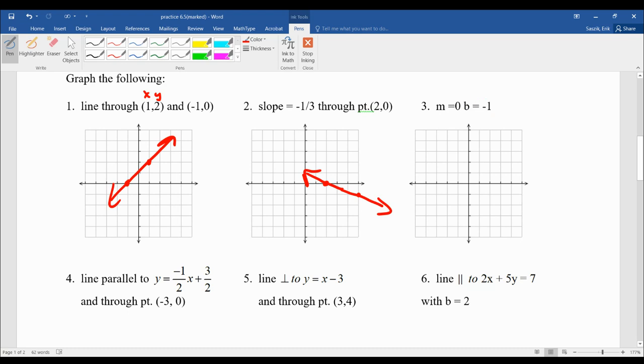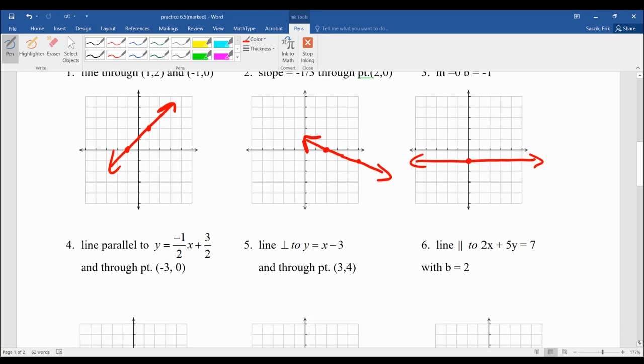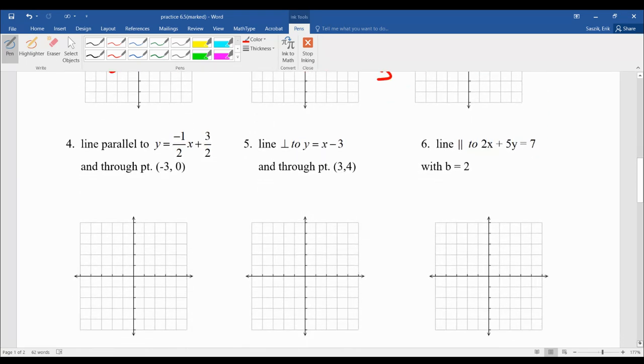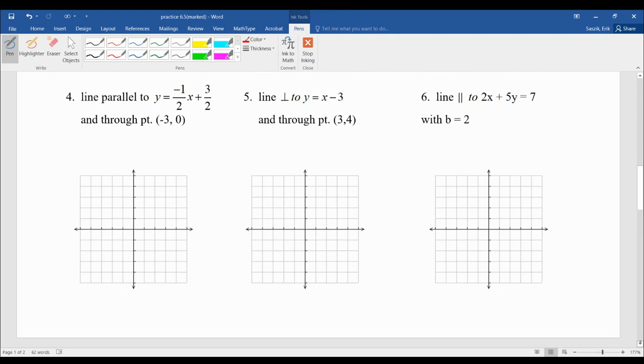Remember, the B stands for the y-intercept. So on the y-axis, you go down to -1. Slope of 0 is a horizontal line. Okay, here, of course, you got to make sure you can plot the points. -3 comma 0 is right there. Slope is -1/2. It says parallel, so that's the same slope.